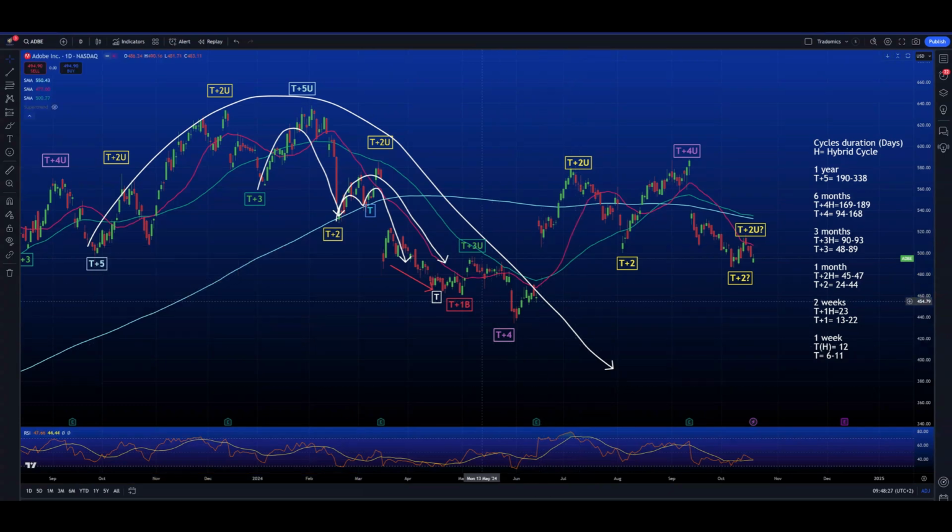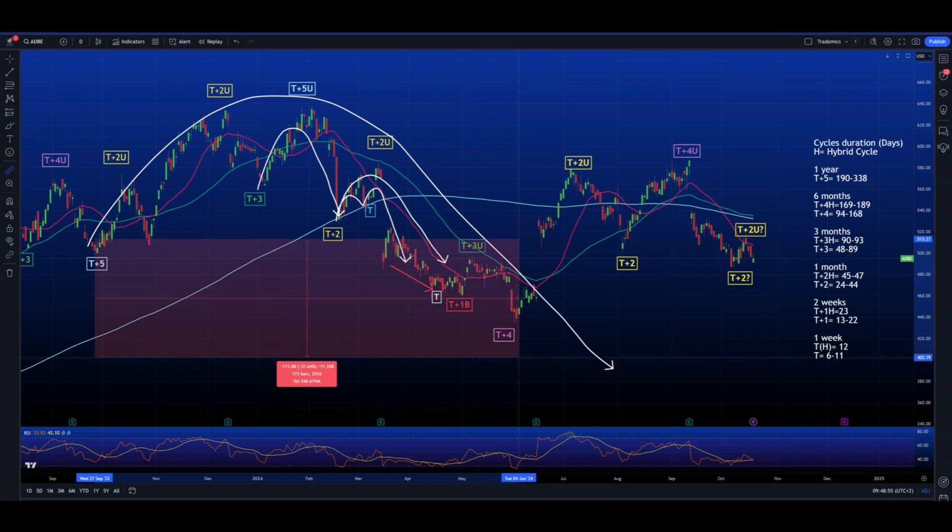Now I'm issuing this analysis to make the point of the situation and to still say that we technically have to go below this low, which is at $433.97.